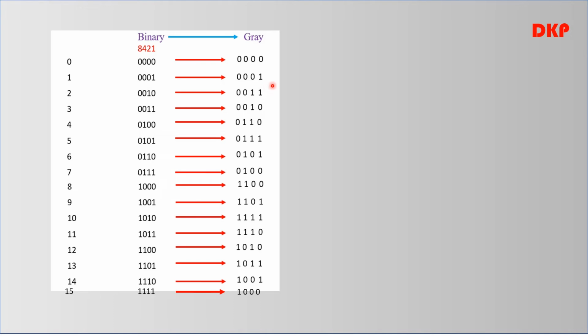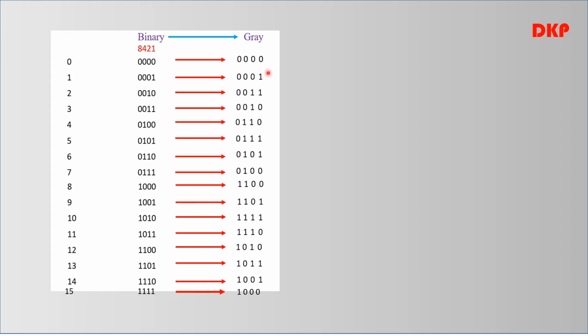Similarly, when you compare the gray codes of 1 and 2, we can see that the first 2 bits and the last bit are the same in both these codes. It differs in the third bit.